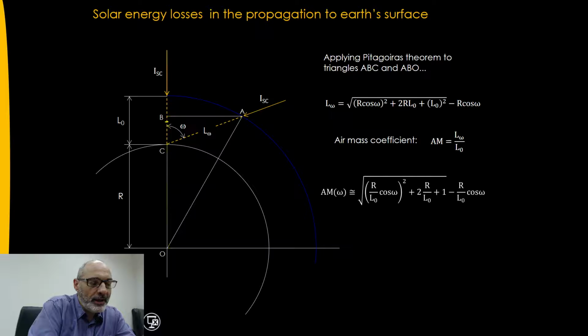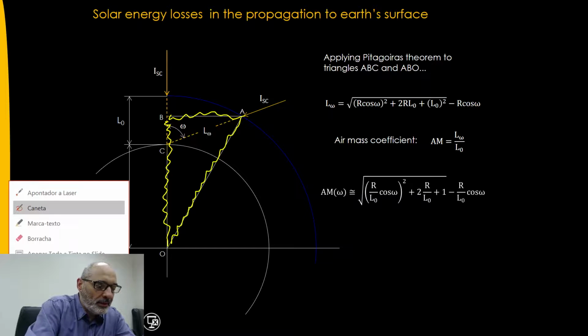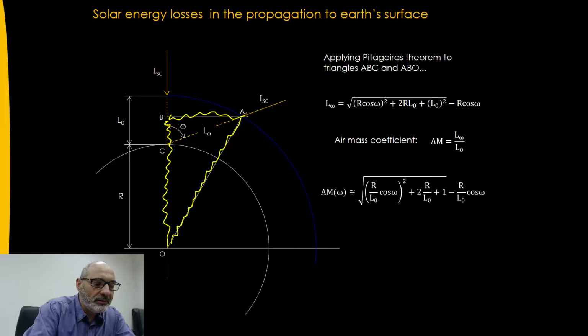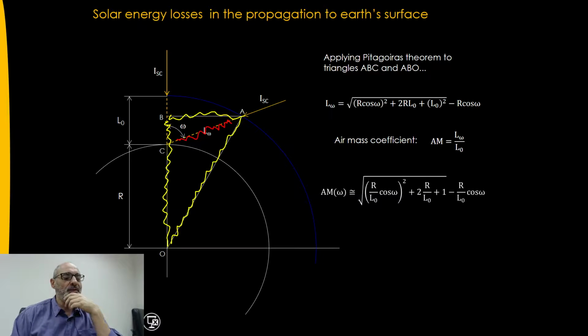Just to show you the triangle that I'm using, this triangle here. This is a rectangular triangle, and it is divided by this line here, which is the actual optical path that I want to calculate.